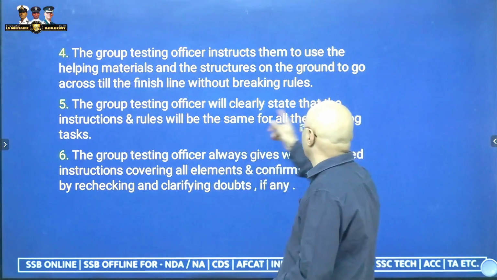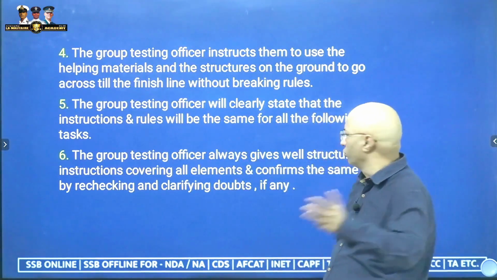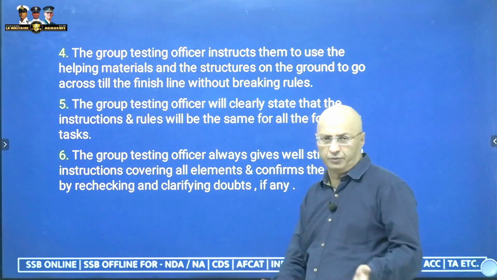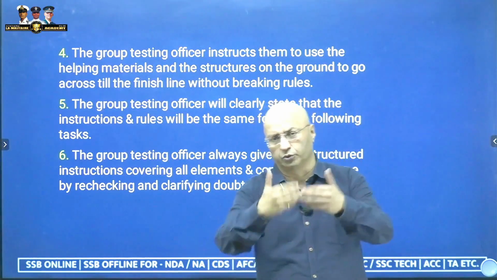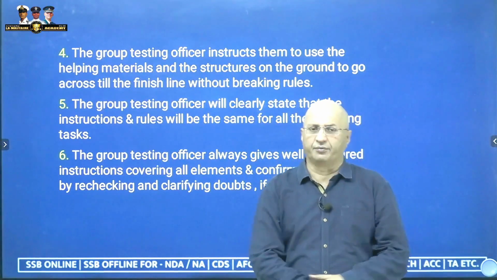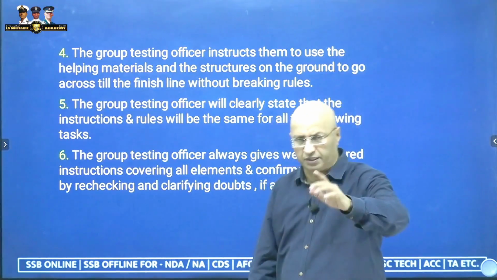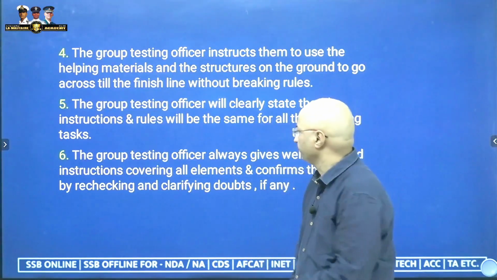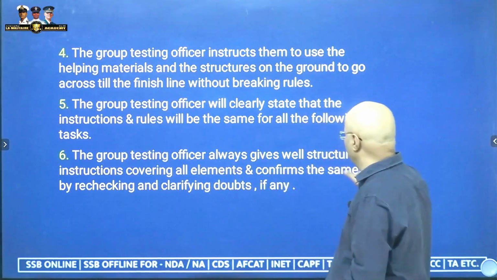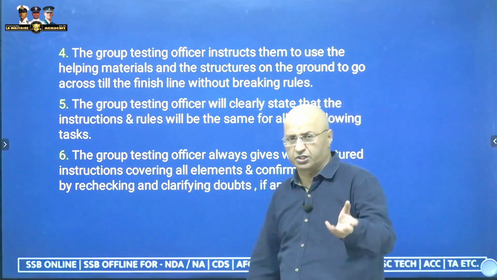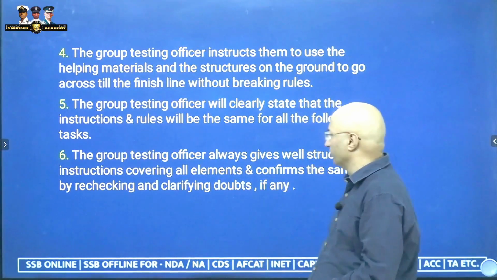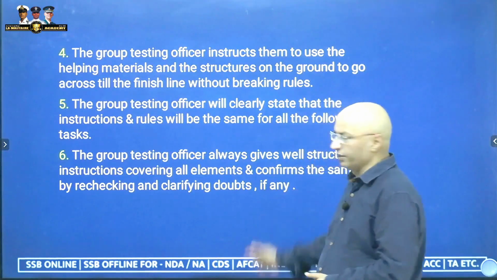He will clearly state that the instructions and rules will be the same for all the following tasks, for all 1, 2, 3, 4. It doesn't mean that after one you will wait, "Sir, now next instructions." That is applicable. Listen to him very carefully. The group testing officer always gives well-structured instructions covering all elements and confirms the same by rechecking and clarifying doubts.